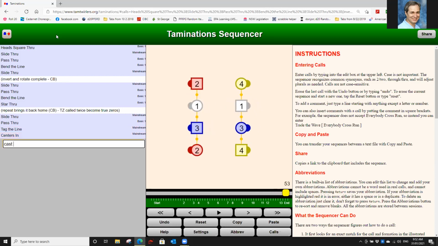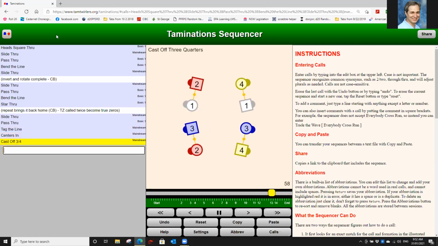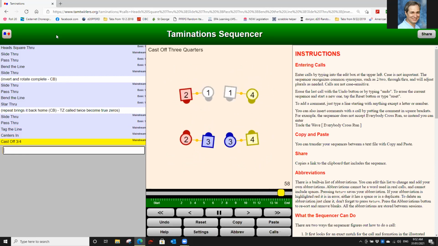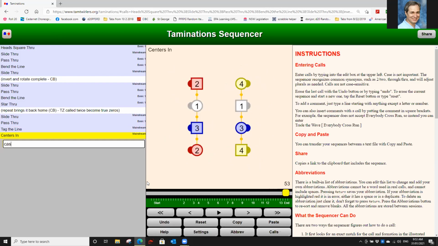Cast off 3/4. Oh, I'm sorry. Cast off 1/2. Whoop, I blew it. Don't think it'll do that. Well, then just do a partner trade.